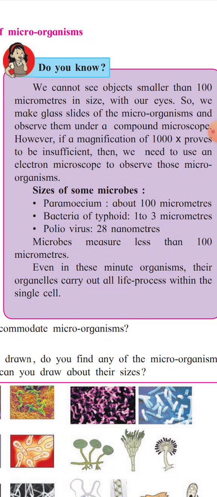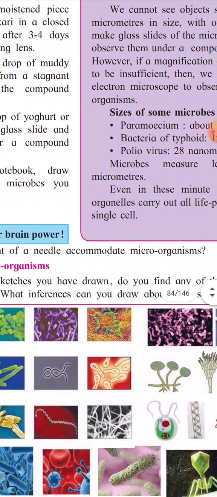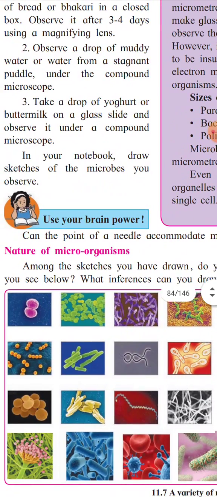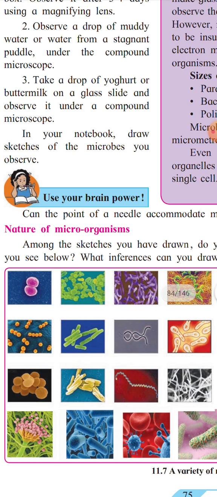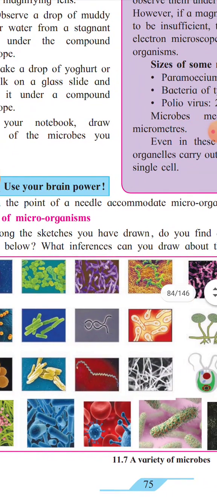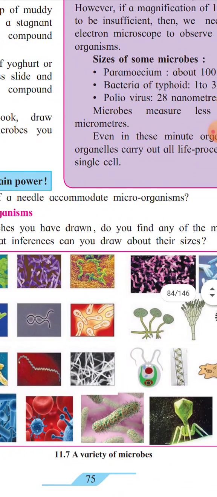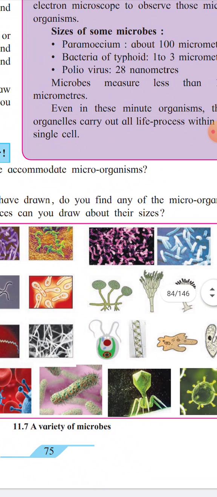Now, the next topic, nature of the microorganism. Among the sketches you have drawn, do you find any microorganism below? What inferences can you draw from their sizes? If we look at this variety of microbes present in our surroundings, then you will understand.